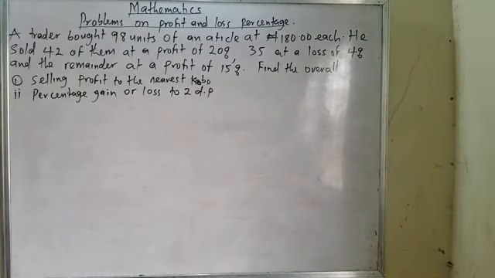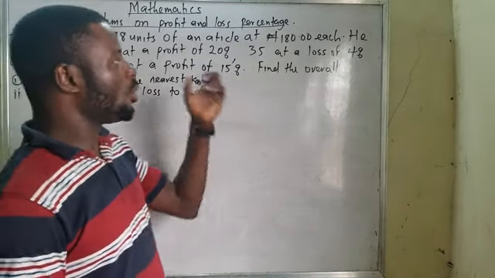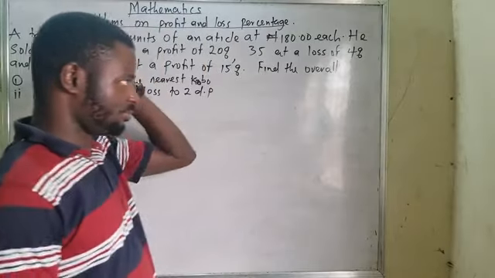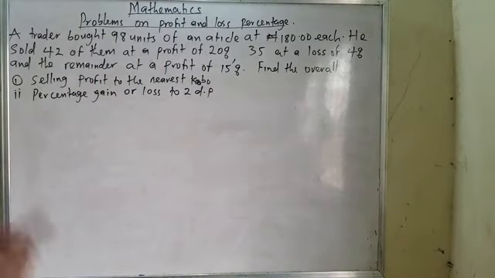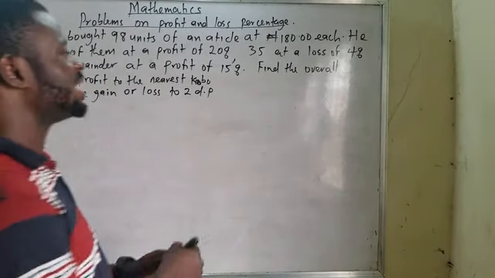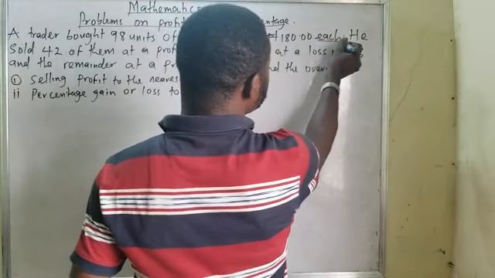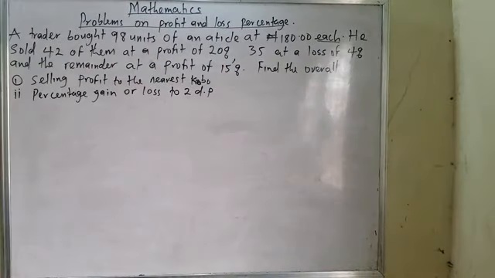I have this question. A trader bought 98 units of an article at 180 naira each, because this "each" is a very powerful word. You have to mind it.